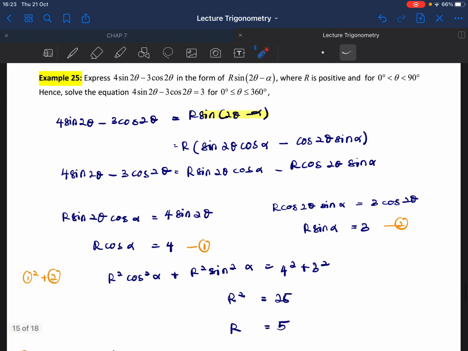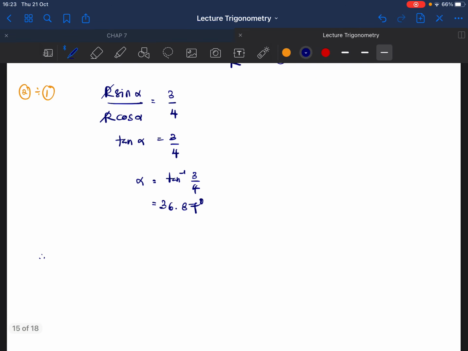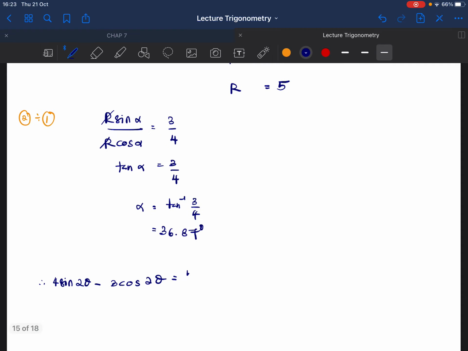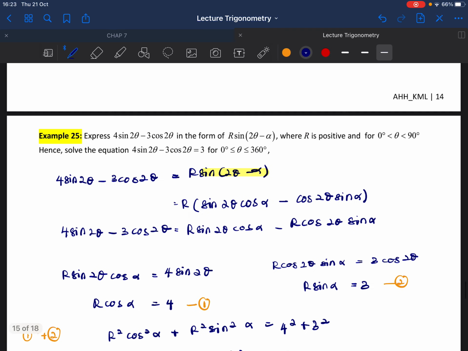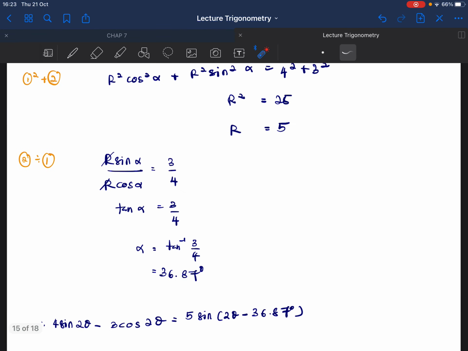So we have 4 sin 2 theta minus 3 cos 2 theta equals to r kita ialah 5 sin 2 theta minus alpha kita ialah 36.87. Okay, let me remind you again, if the given range is in radian, so here your alpha should be in radian. Okay, this one it should be in radian.